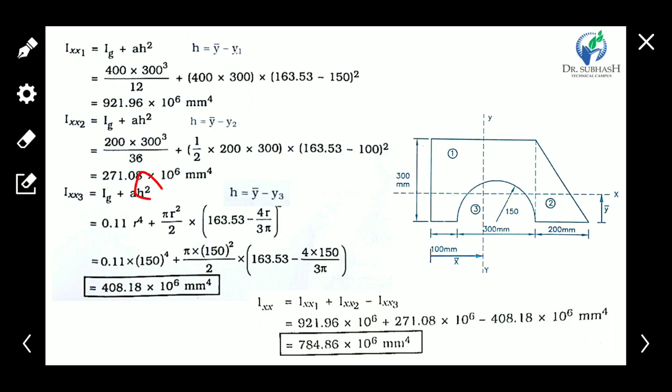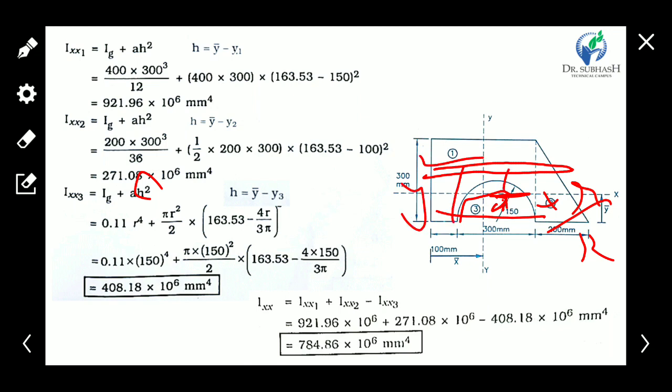Now we have to find out the value of h, the distance between the CG of this semicircle and the total CG. From the base, the CG distance of the semicircle is 4r upon 3 pi, and this distance is y bar.